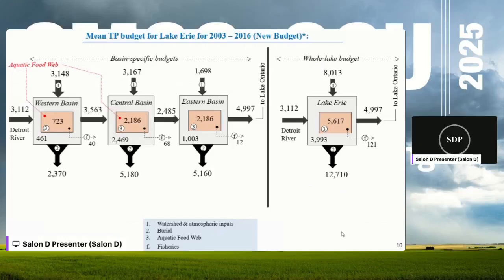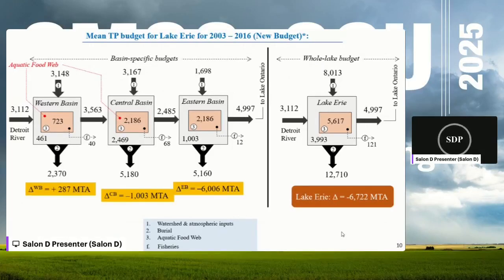This is a simplified version of the previous slide. All the food web is merged into one value. You can also see fluxes to the lake and out of the lake, and how much phosphorus is in the lake, on the great area, in the water column, and how much phosphorus is in the food web. You can see much more phosphorus in the food web than in the water column.